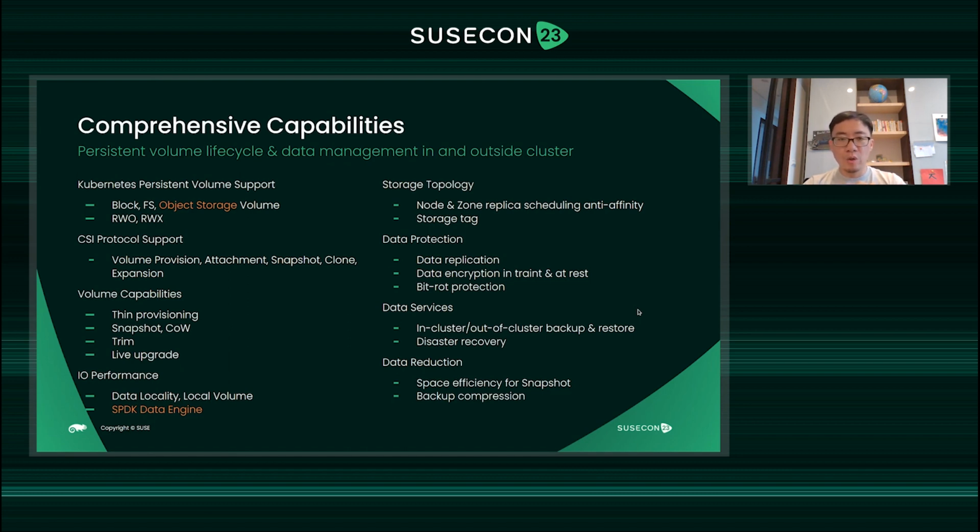And also in 1.5, we introduce backup compression. That means it can make your backup and backup restore much faster, and also save your space usage. So this is a comprehensive capability I want to emphasize.